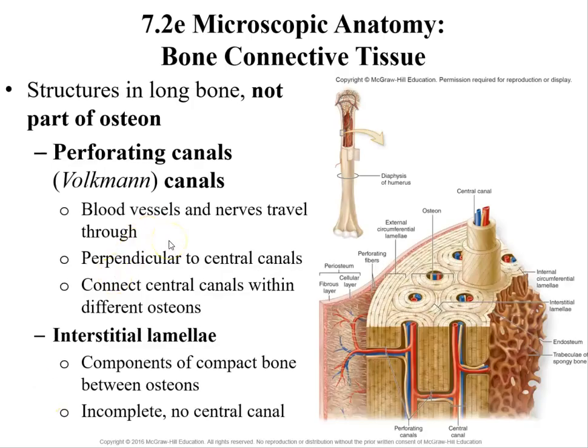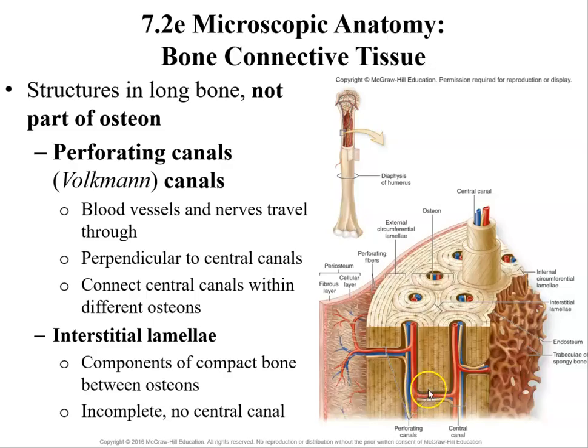All right, next we'll talk about structures in long bone that are not part of an osteon. First, you have the perforating canals, or Volkmann's canals, and that's this down here. You'll see it's a place for blood vessels and nerves to travel through.